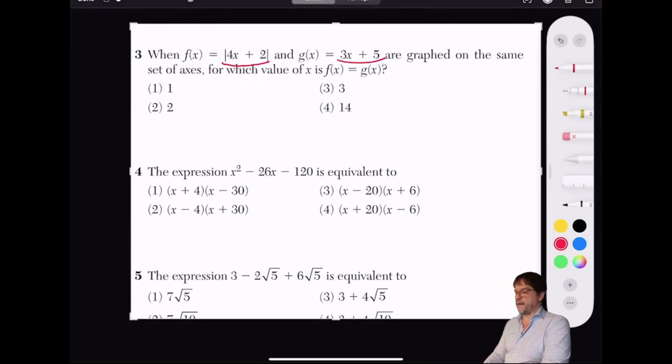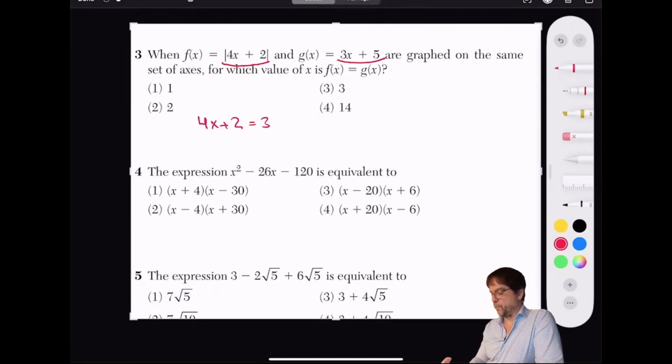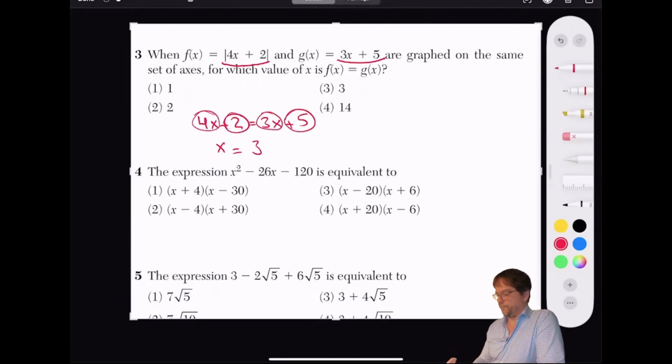The absolute value of 4x plus 2 is 4x plus 2 positive, that will be equal to 3x plus 5. Is that okay? 4x minus 3x, because I will pass to the other side, is x. Okay? 5 minus 2 is 3.